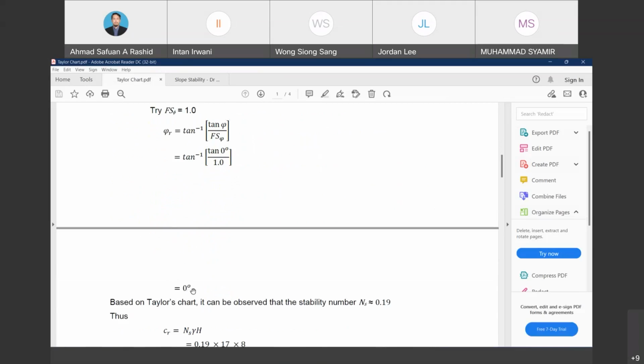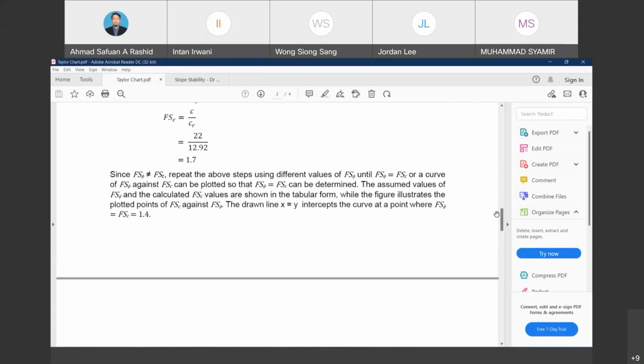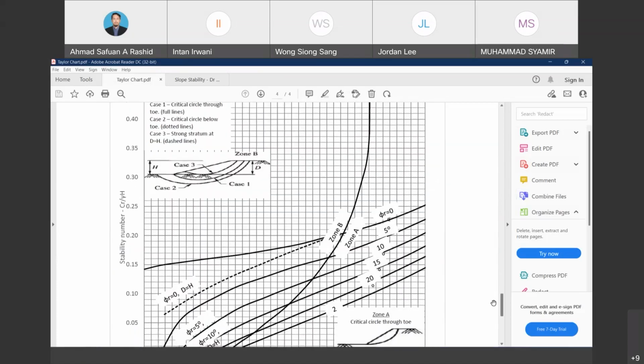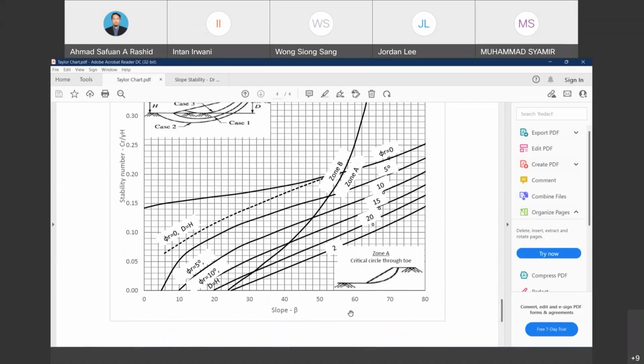So when the phi r becomes 0, then we check the stability number for this case by referring to the Taylor chart. So this is a Taylor chart, with beta being the degree of the slope, and the phi r in this case we use to get the value for the stability number.